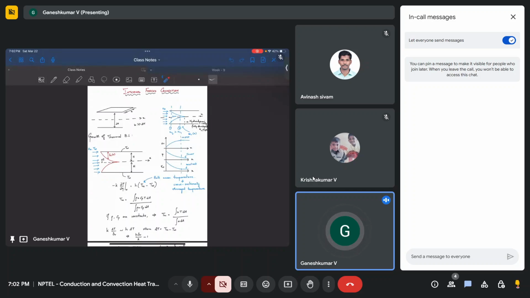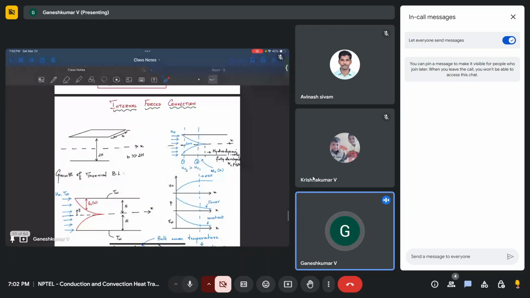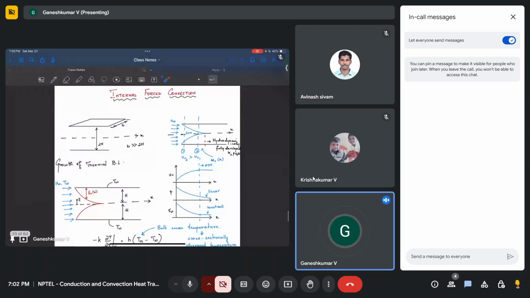Maybe I will go forward with today's topic. It's about internal forced convection. Initially we started with flow between parallel plates, and we realized that there is going to be hydrodynamic flow development, and also thermal flow development, because at the entrance you do not have any profile.